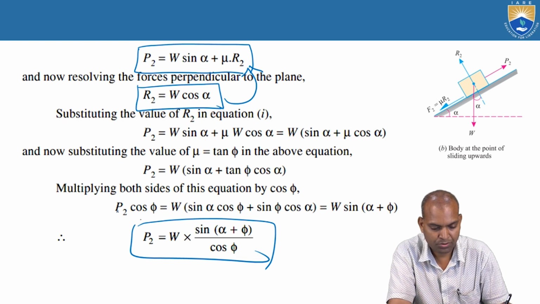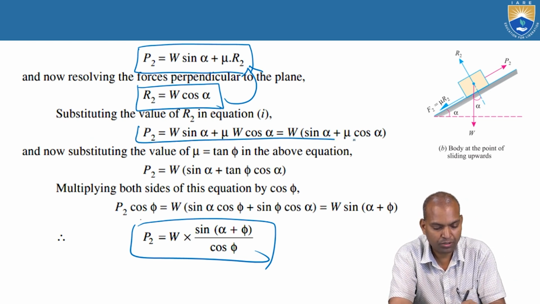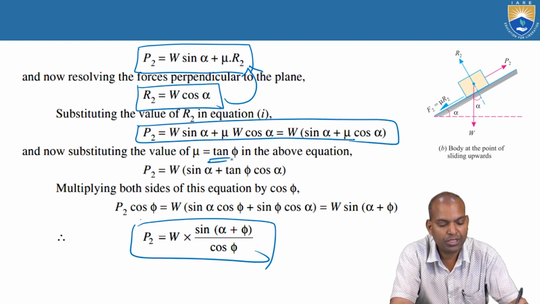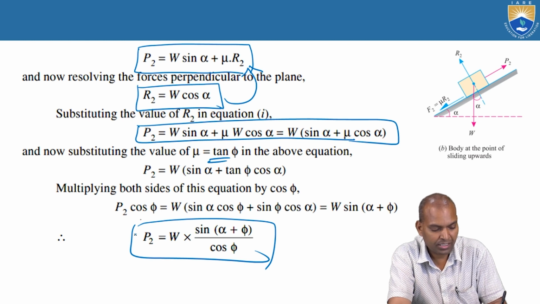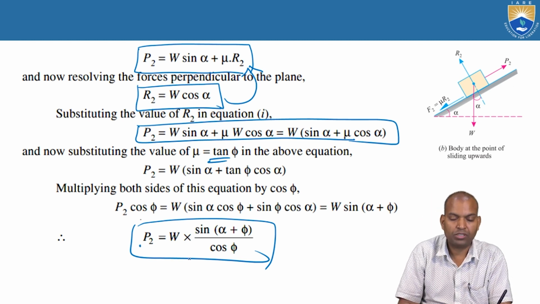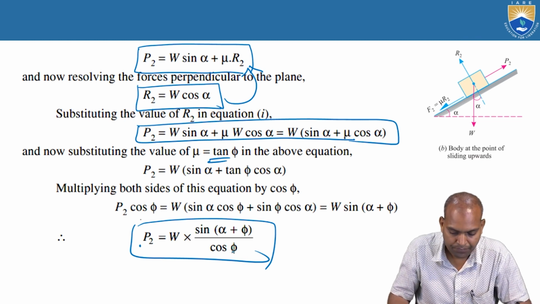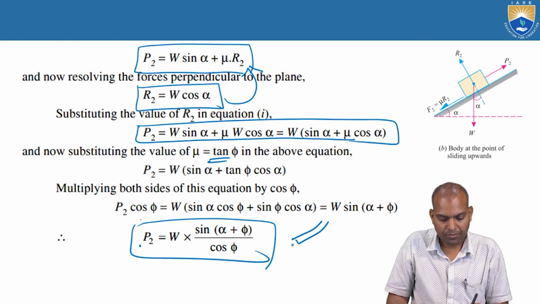Substitute this R2, so P2 equal to W times sin alpha plus mu cos alpha. The coefficient of friction mu equal to tan phi, and tan phi equal to sin phi by cos phi. After taking LCM, P2 equal to W times sin of alpha plus phi by cos phi.